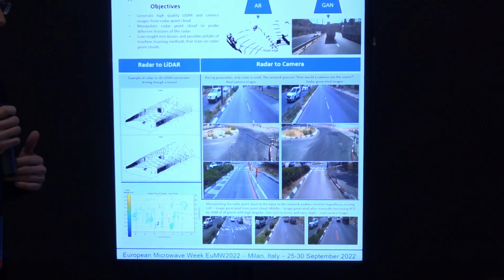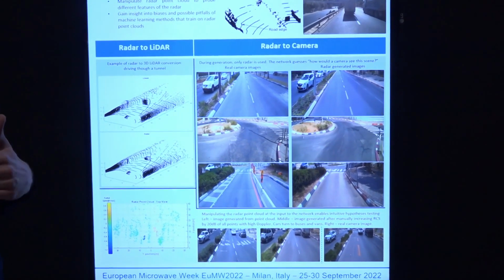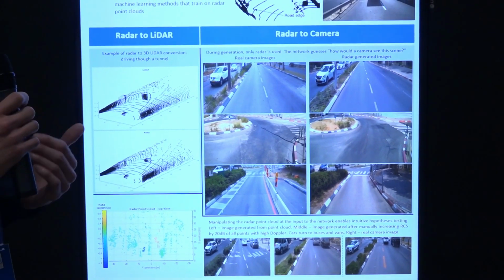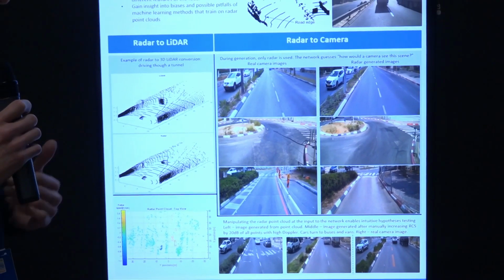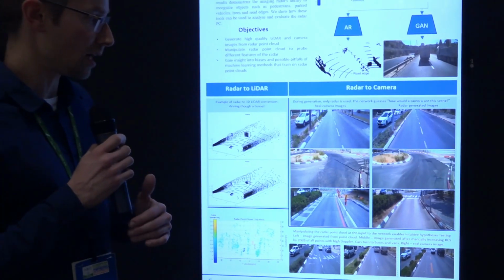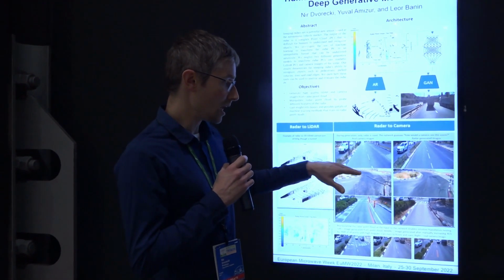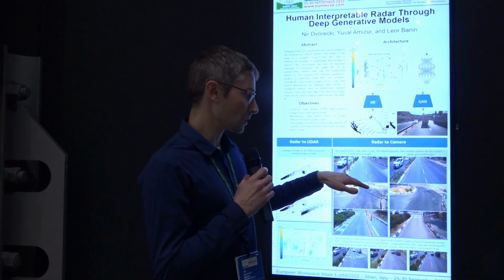This helps us both in understanding what the radar sees as well as trying to understand the typical biases that we have in our training set, where most of the time we see that we're able to very accurately reconstruct the scene.